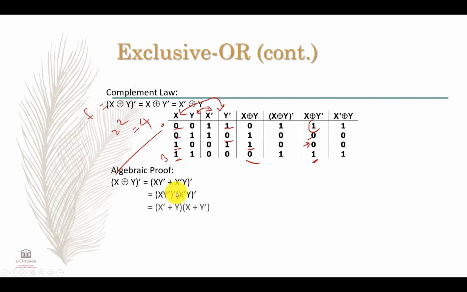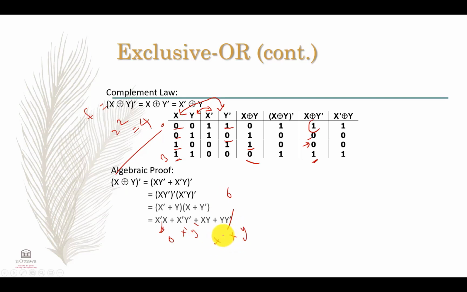So when I apply this, x y prime will become x prime plus y, and for this one it will become x plus y prime. Then after that I can do a simple multiplication. So x multiplied by x prime gives 0, and this will be x prime y prime, and this will give you 0, plus x y.